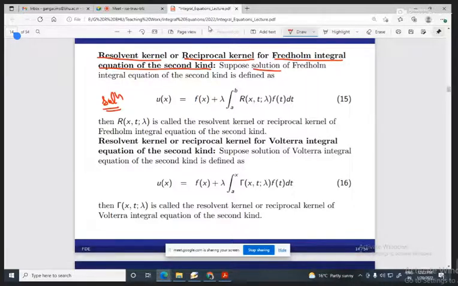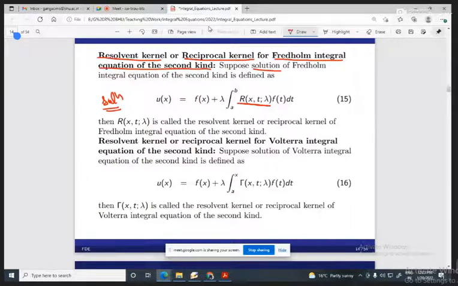So the function included in the integral term, the integrand, is called the resolvent kernel, or reciprocal kernel, of the Fredholm integral equation of second kind.